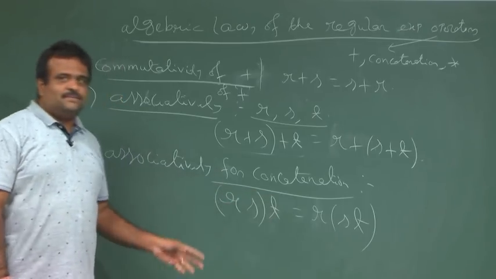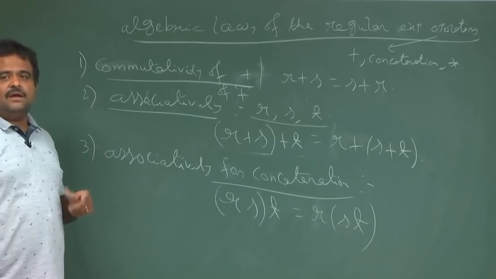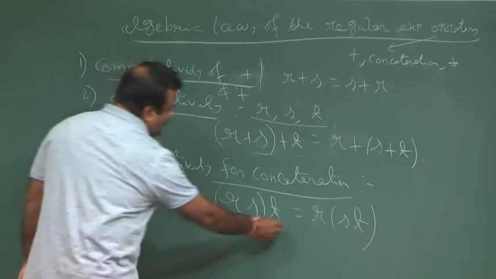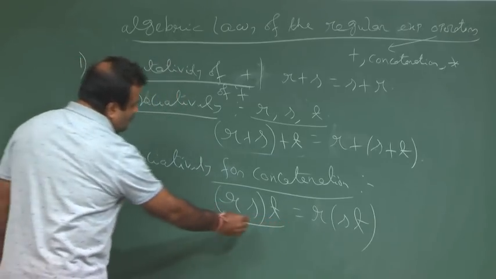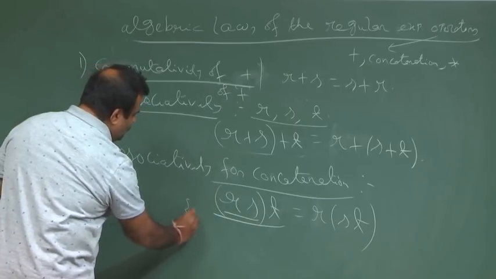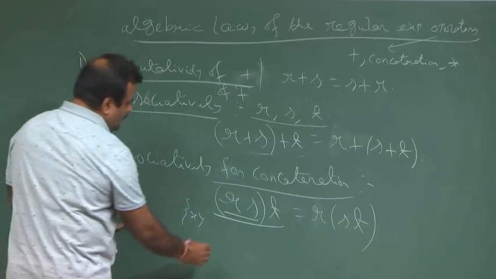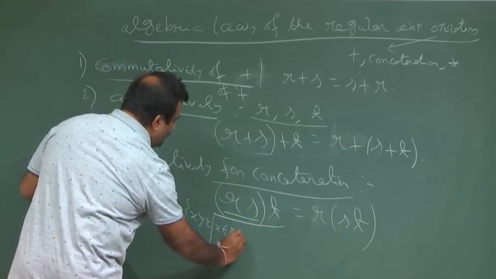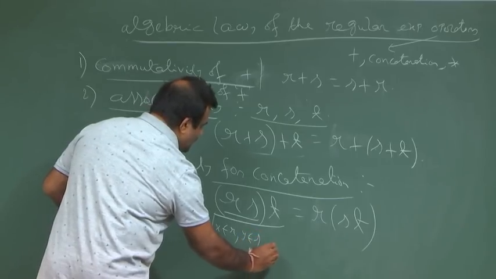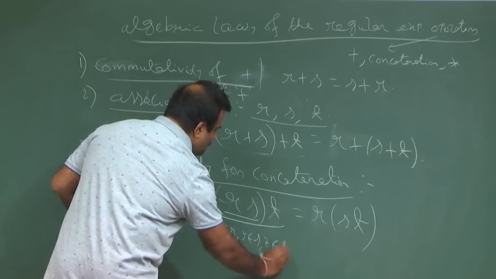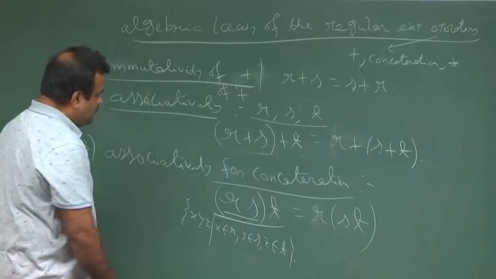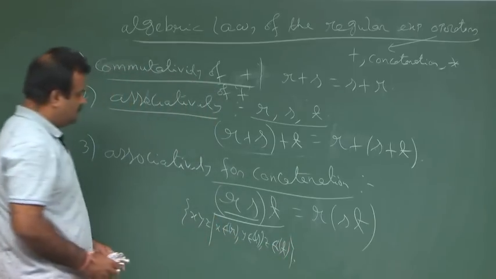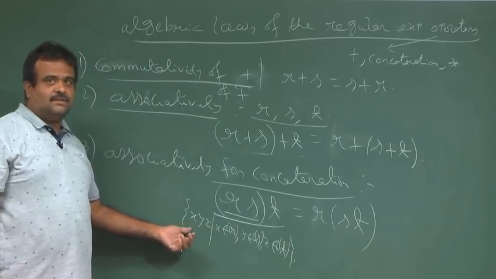When we say two regular expressions are the same, it is if they represent the same language, because everything is in terms of the language. Now, what is the language corresponding to this? It is the set of all x y z, where x comes from R, y comes from S, and z comes from T. This is the concatenation operation.